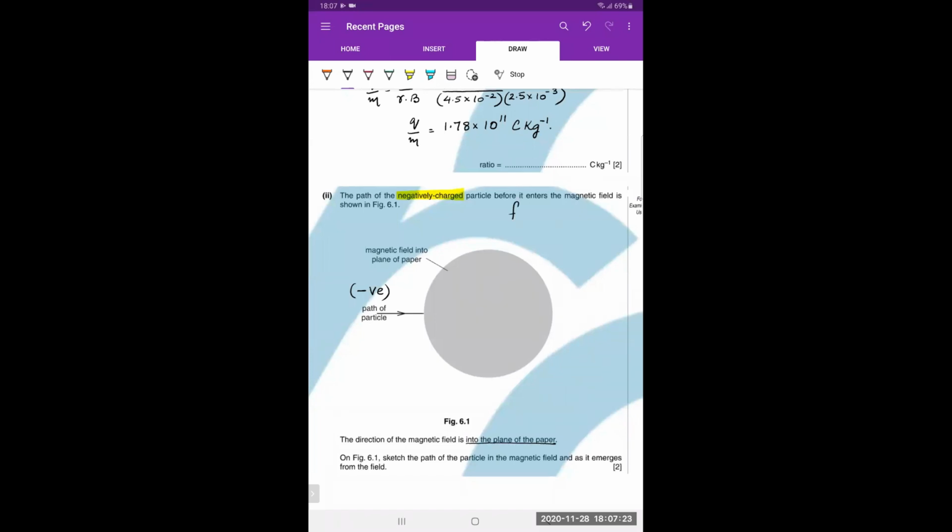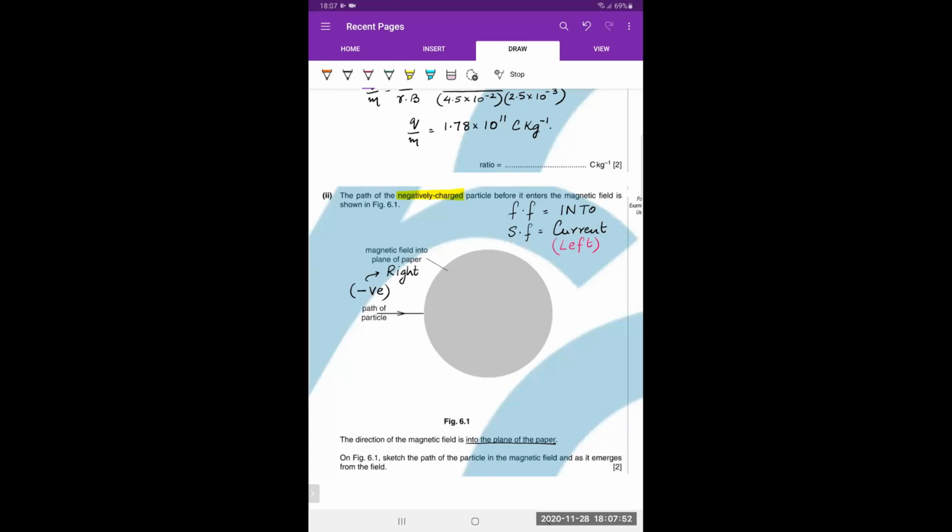So the first finger points into the plane of paper. Second finger, again remember, the second finger denotes current. Current is the flow of positive charges. The negative charges are moving to the right, and current, which is the flow of positive charges, must point to the left.